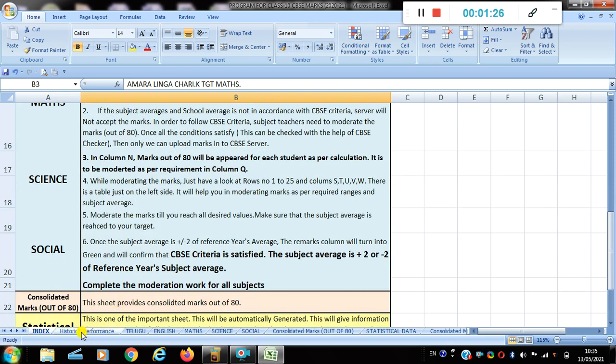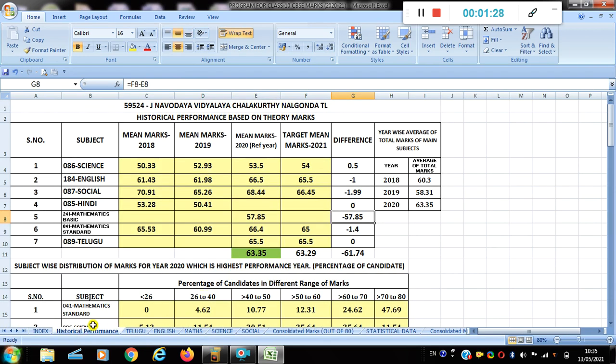Then the next sheet is the most important sheet, historical performance. Friends, see the first table: serial number, subject, mean marks of 2018, 19 and 20.